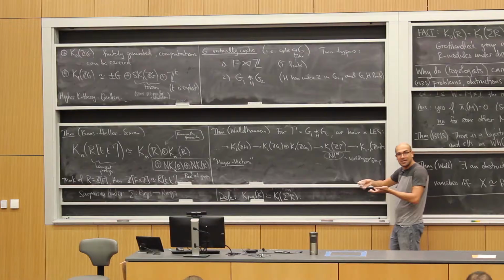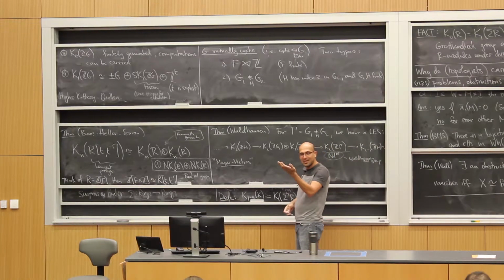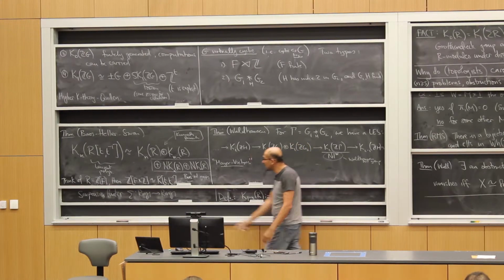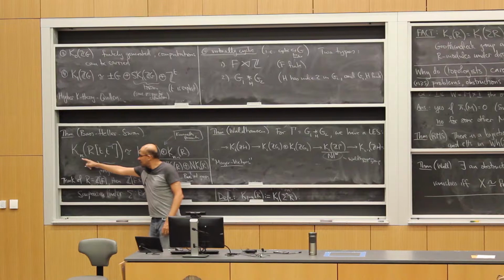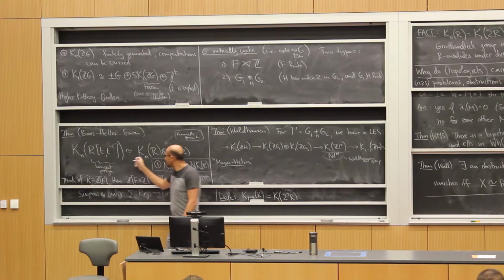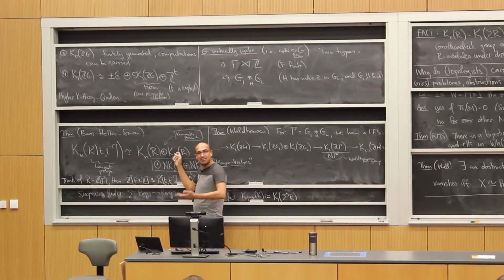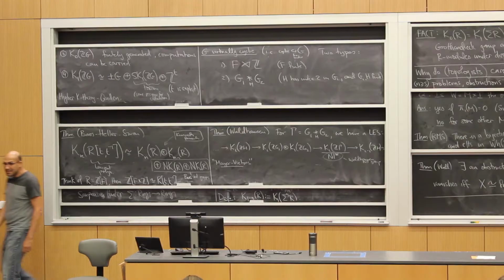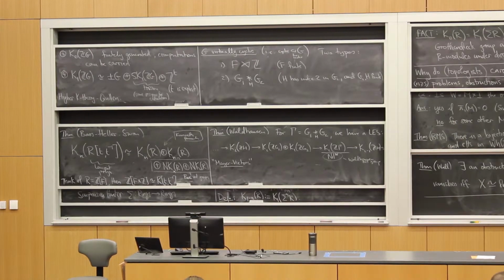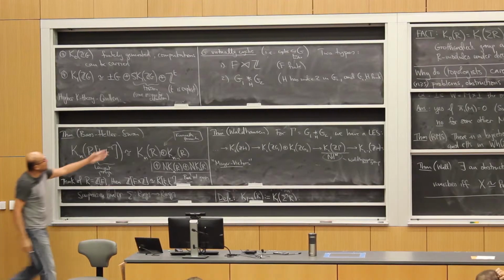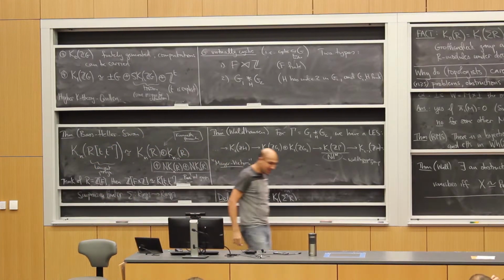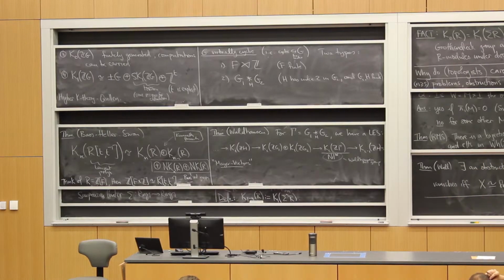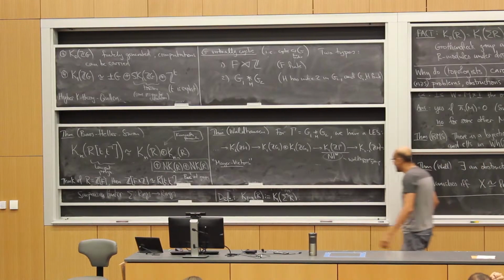When you take a space, cross it with a circle, and look at the homology of those two things, the homology of the whole thing is the base plus the base shifted by 1. So this should strongly suggest that these functors that were defined in some crazy way really are somehow homological in nature.